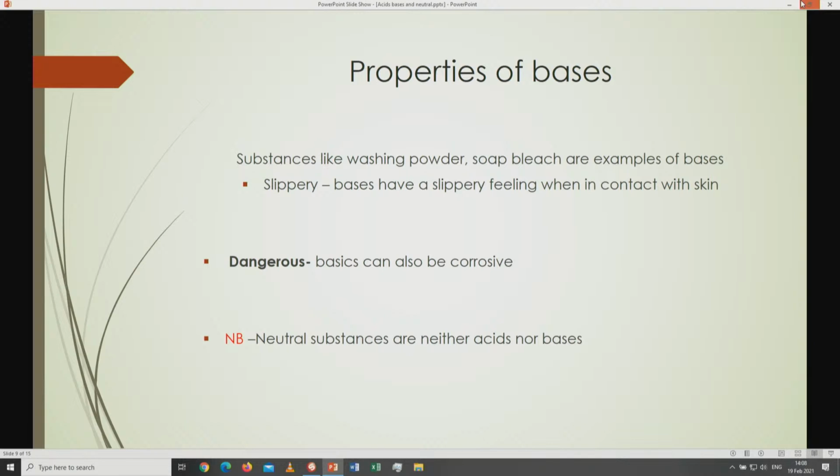Number two, we have very strong bases and also very weak bases. Strong acids, we don't normally find them in our houses or at home. They are kept safe and away from us.